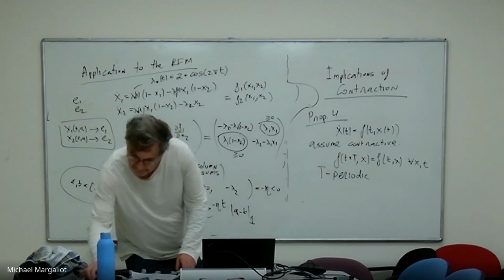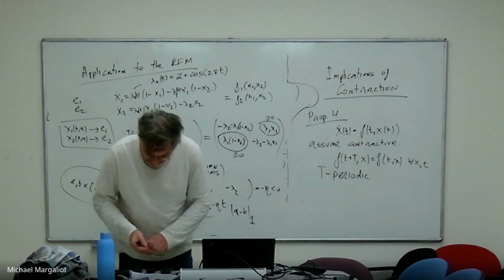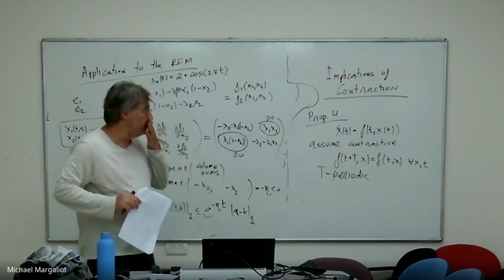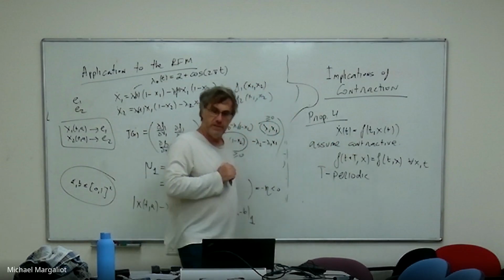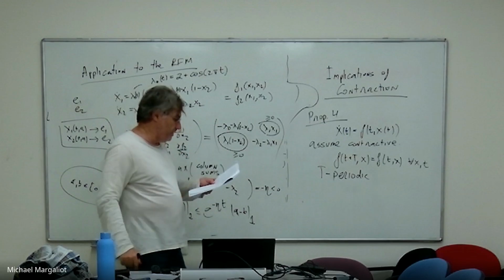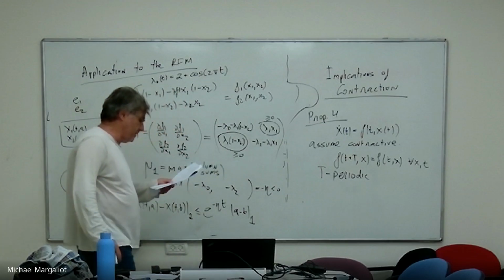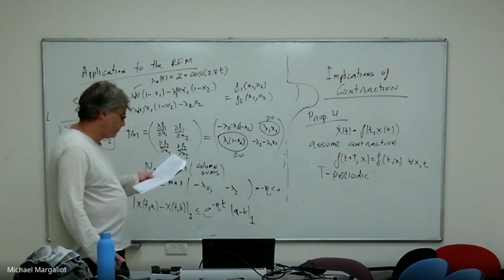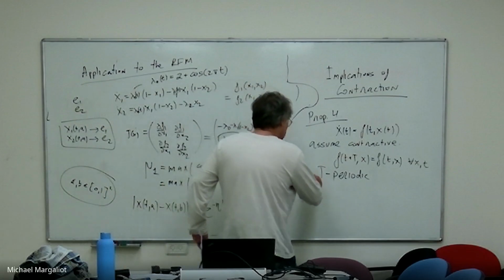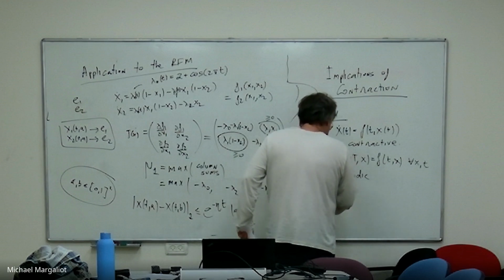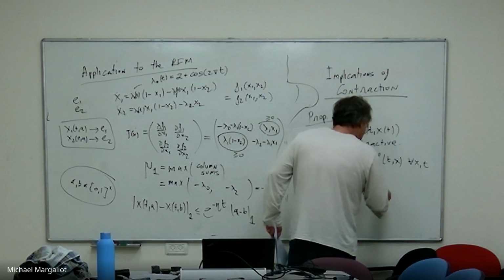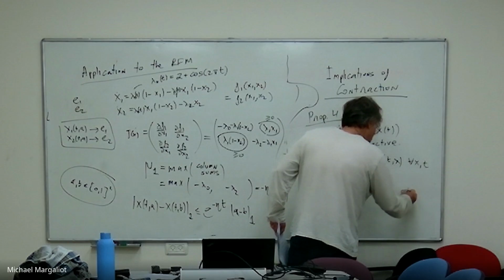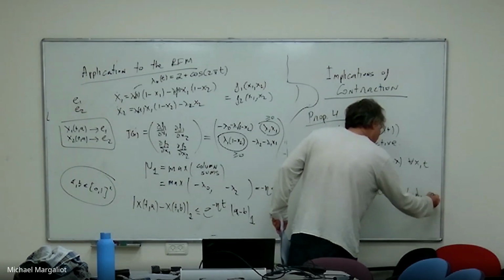So we have 5 more minutes. I just wanted to finish another application of contractivity. So we have now a time-varying contractive system, and we assume that F is capital T-periodic. Then the conclusion is that the system admits a T-periodic solution gamma.